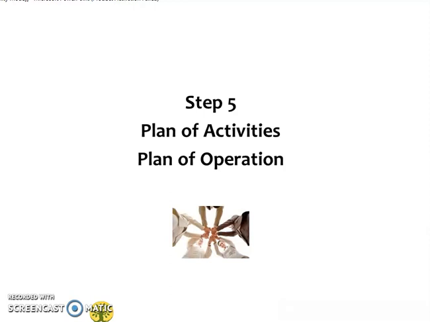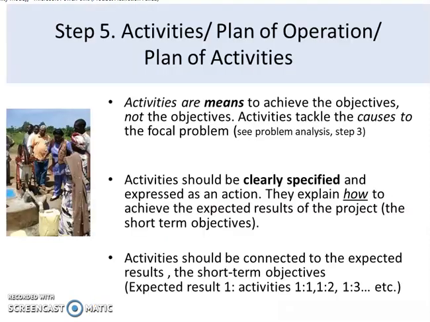The fifth step is the plan of activities, or plan of operations, we can say. Activities, or the plan of operations, could be the means to achieve the objectives, not the objectives. They are the means, not the end. Activities tackle the causes of the focal problem, as we tried to indicate.